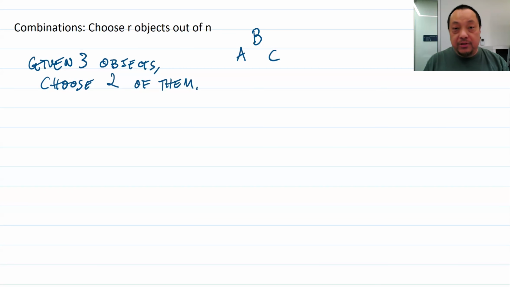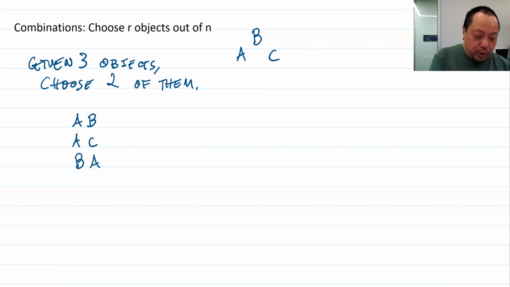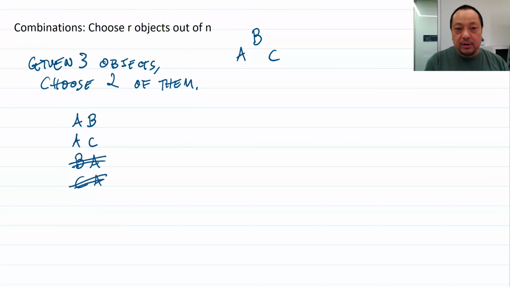I could pick A and B, or I could pick A and C. I could also pick B and A, or I could pick C and A. These are 4 ways of picking 2 objects, one of which is an A. But AB and BA are the same 2 objects. AC and CA are the same 2 objects. So at the end of the day, if you're going to pick 2 objects and A is one of them, then it'll be either AB or AC.